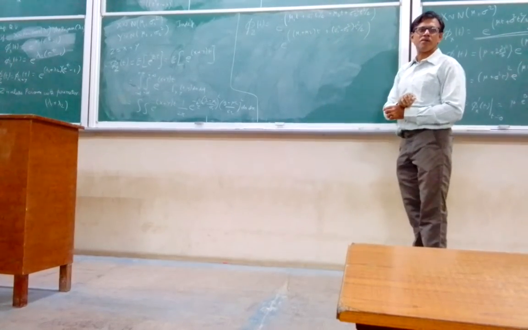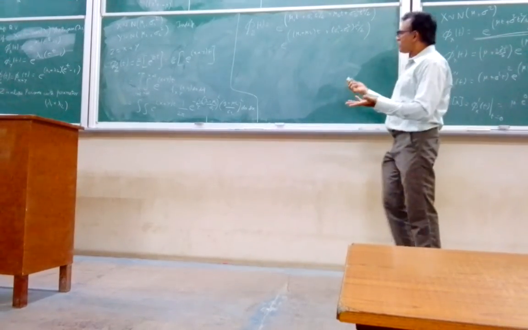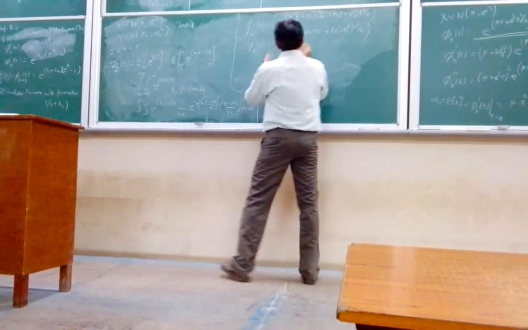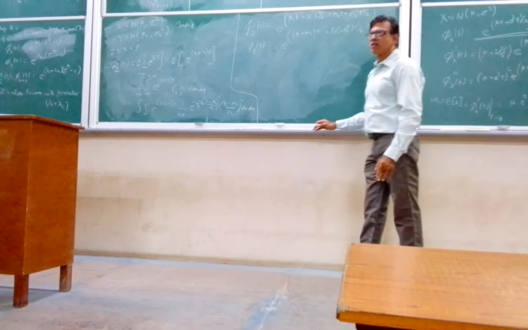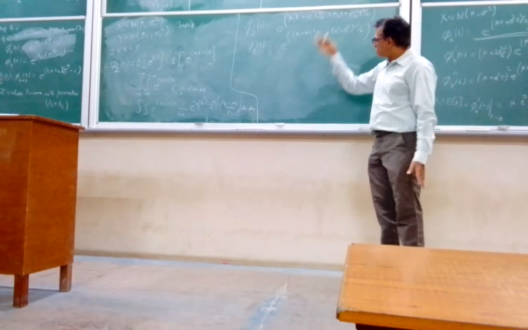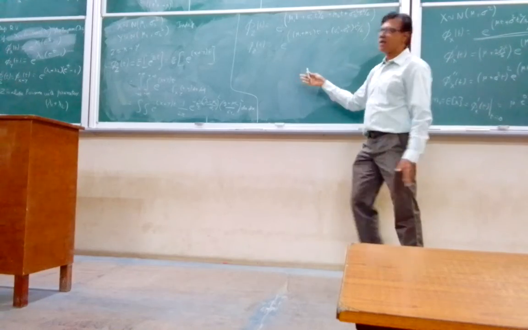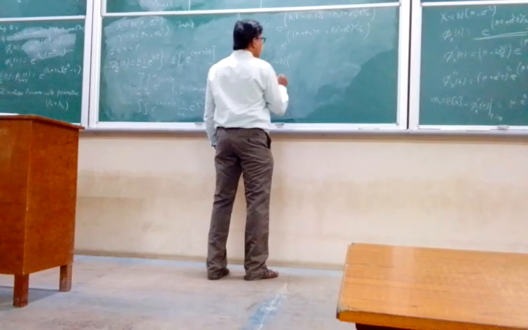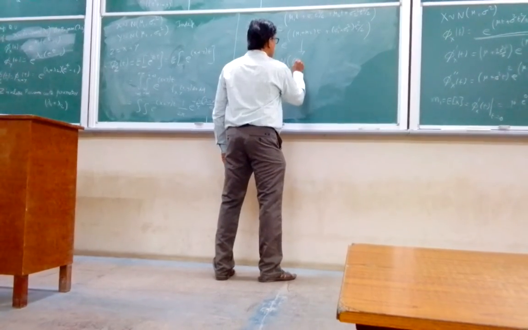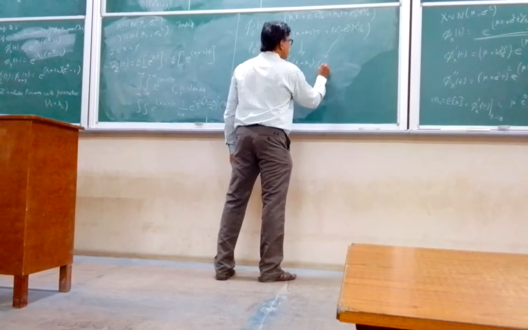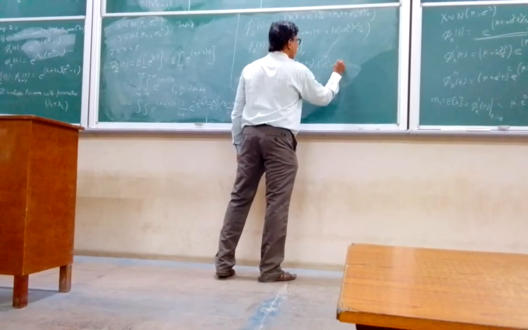Which tells me you have a form for the MGF which looks the same as the form of a normal distribution. So therefore Z should be normal with mean mu 1 plus mu 2 and variance sigma 1 square plus sigma 2 square.